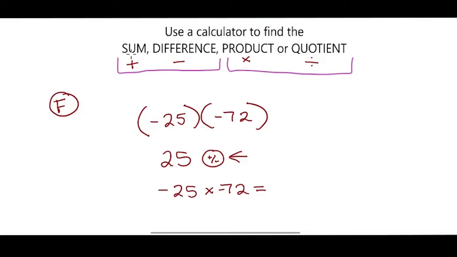And then you hit equals, 1,800. So notice that you have a negative and a negative, which means that the answer is going to be positive, because if the signs are the same when you multiply, the answer will be positive. So we could have treated this like 25 times 72, which also equals 1,800.